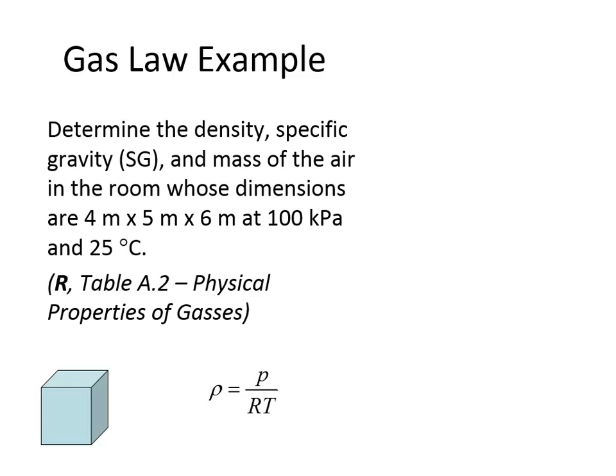So the pressure is 100,000 pascals, or 100,000 kilogram second squared times meter. The R value is 287 meters squared per second squared Kelvin.